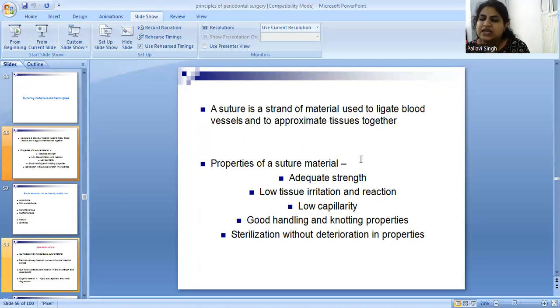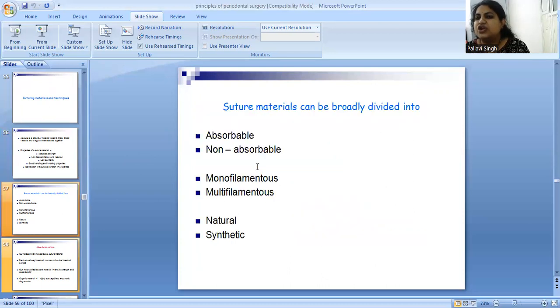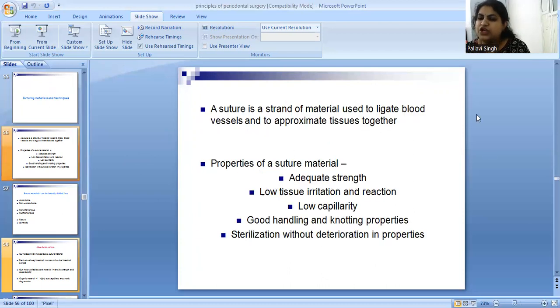The general principles of using suture material are to induce primary healing, to bring the flap edges close together, and to control hemostasis in the area of the surgical procedure.